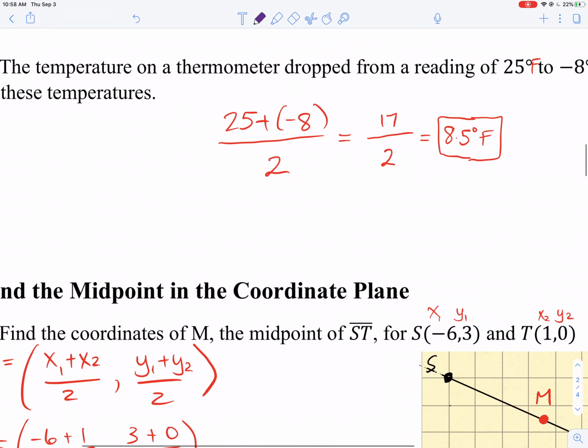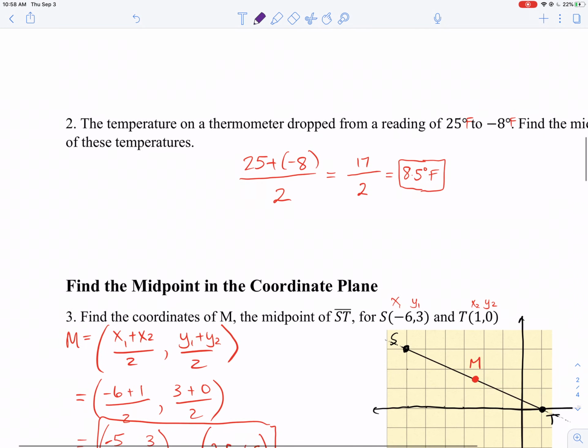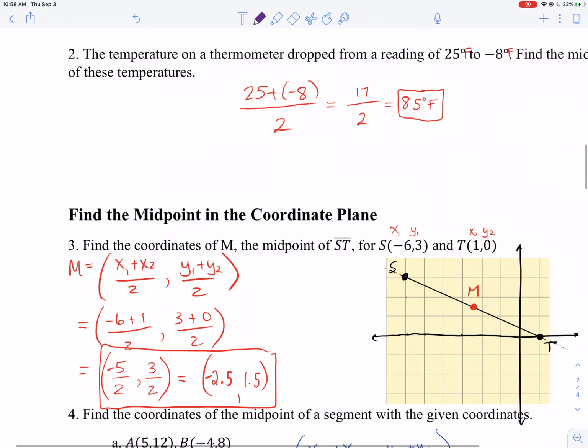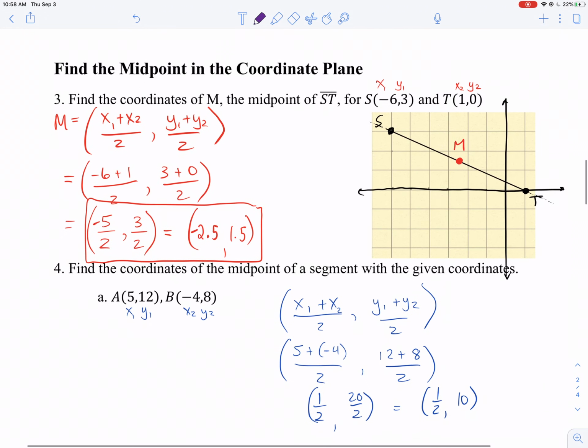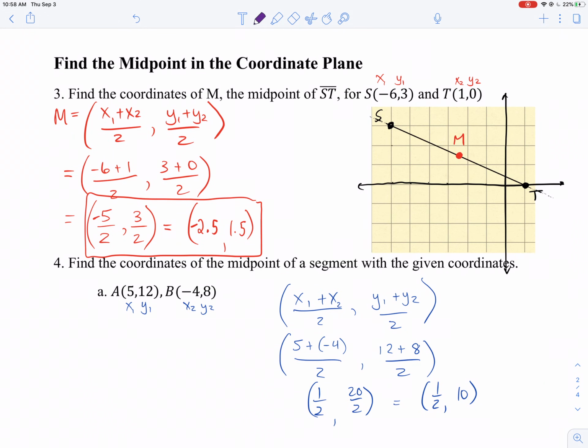All right, our next one. I'm not sure if it's better for me to erase it. Okay, first thing that we do here is I plot those points. So it's going to be -6, 3. And I gave myself a little piece of graph paper on here.